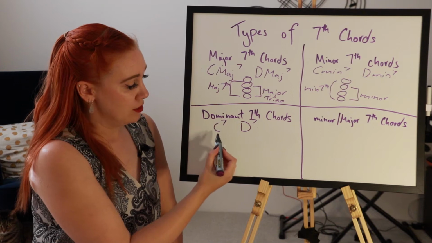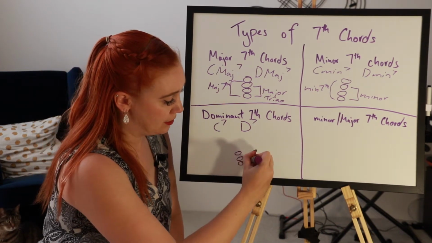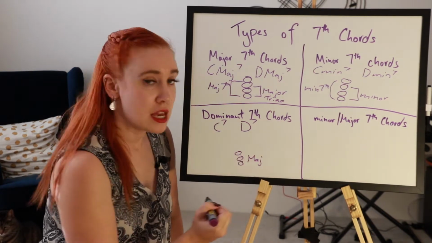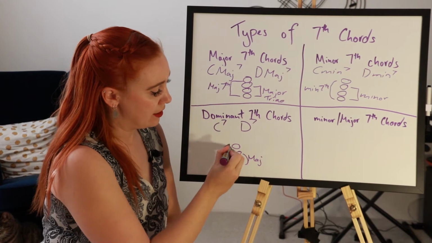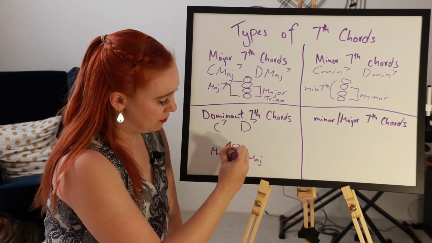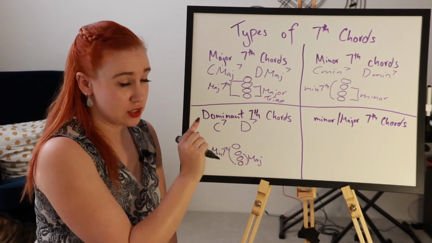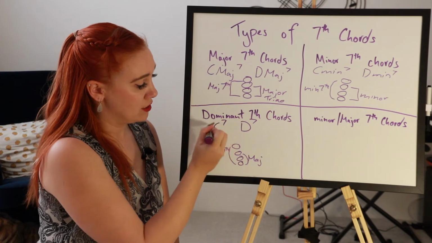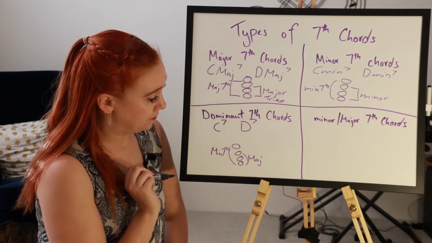Now in this one, our triad is major, and our seventh is minor. So when you see it plain like this, nothing else is written, your triad is going to be major and your seventh is going to be minor.